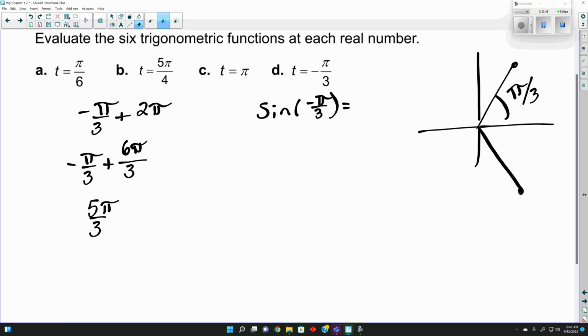So since it's negative, it's actually telling me this amount. Where if we went all the way around here, this is 5 pi over 3. Where 5 pi over 3 and negative pi over 3 are going to give us the same amount. So it's going to be which one is it going to be easier to work with. Does this kind of make sense how we got there?